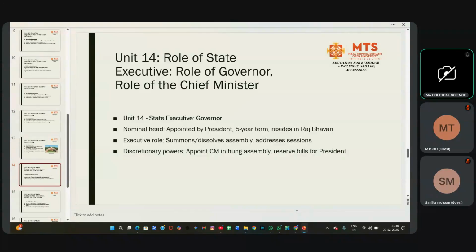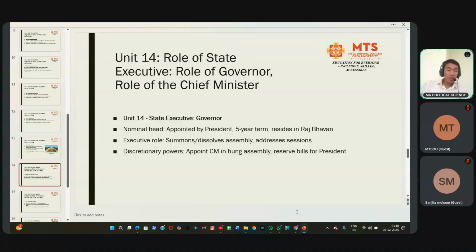And I hope you are also aware who is the governor of your state. If you are not aware, I want you to learn about it. It is very important to know who is the governor of your state. Nominal head, again, just like the president in the center, in the state also there is a governor. The governor is appointed by the president.